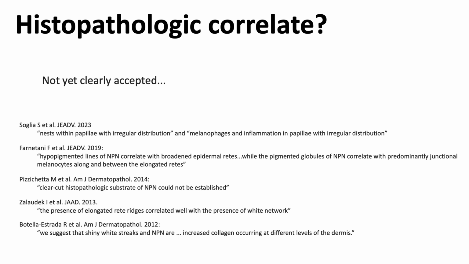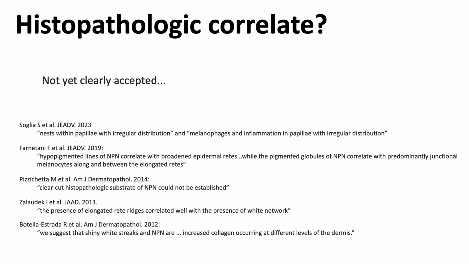What is the histopathologic correlate? It remains somewhat nebulous. Multiple studies have looked into this with a variety of methodologies. It's not yet clearly accepted exactly what this feature is.